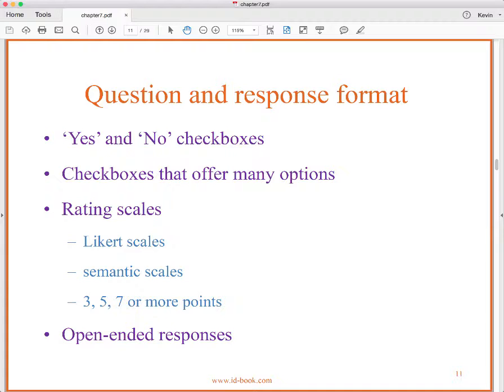So it's possible, say, to move a slider such that the answer is 3.495426. Okay? And of course, we can always have open-ended responses. We can do this both on paper surveys or on web surveys.